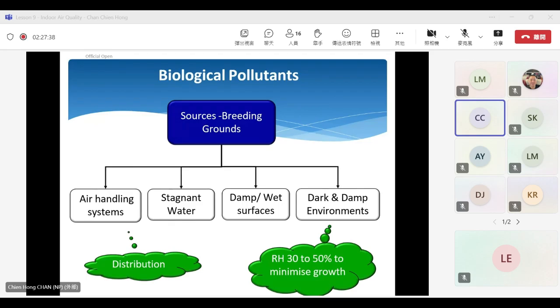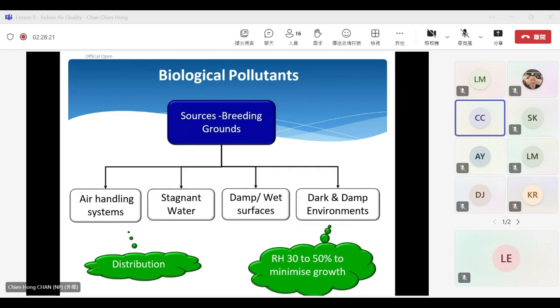So we need to find which areas are likely to contribute to these biological pollutants. Are there places where, once these bacteria or viruses come in, they can start to grow? Because if not, some of these bacteria and viruses may die after their life cycle. Typically, these biological pollutants need some way to survive and to grow. For example, they need moisture. They may need sunlight.